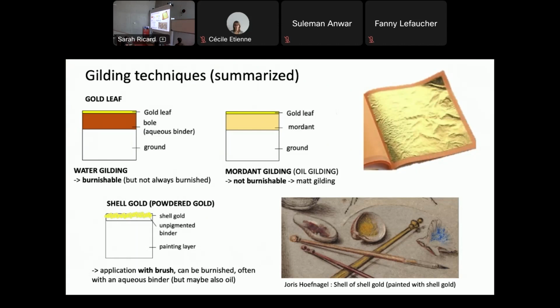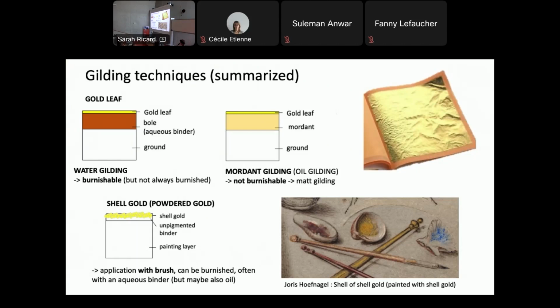The fact that shell gold is applied with a brush implies that it's often used with a very thin modeling, because you can really paint and so have this very powdery effect on the surface of the painting.